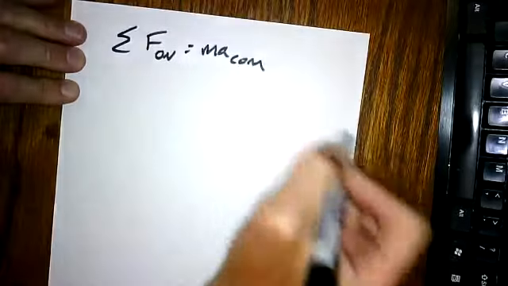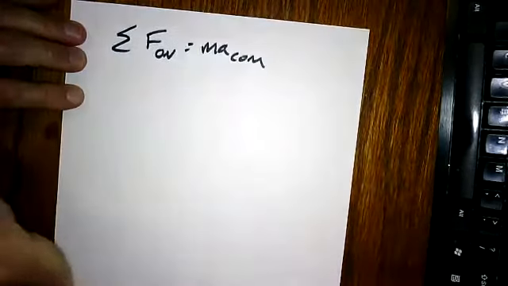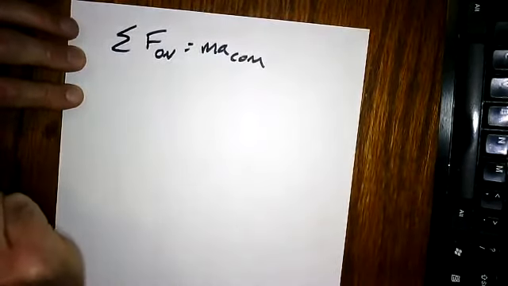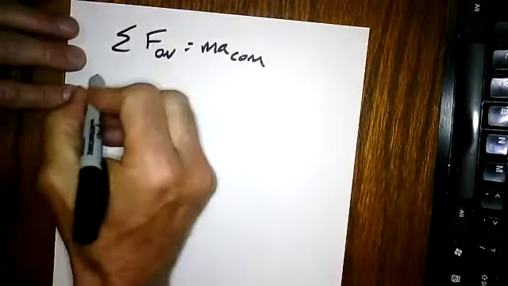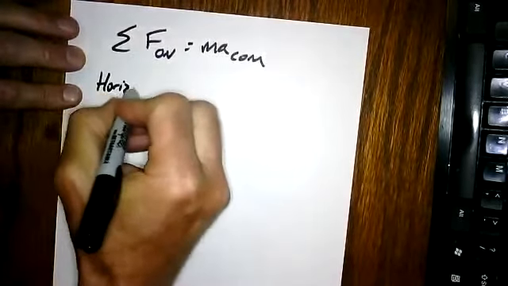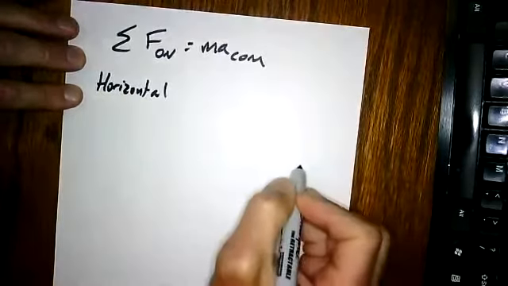And that mass is the bike rider system, and that acceleration is the center of mass of the bike rider system. Now I'm just going to start listing the forces, and I'm going to do the horizontal direction.